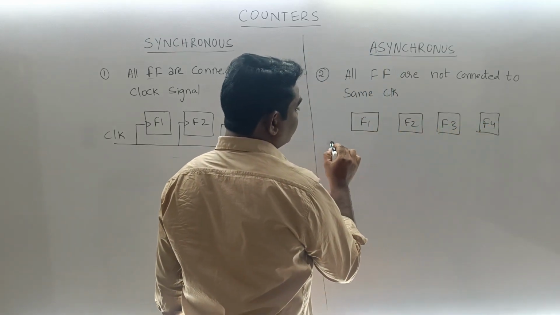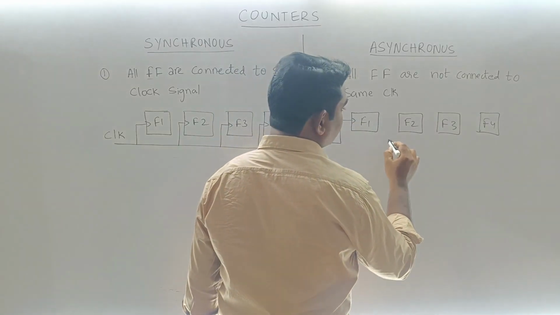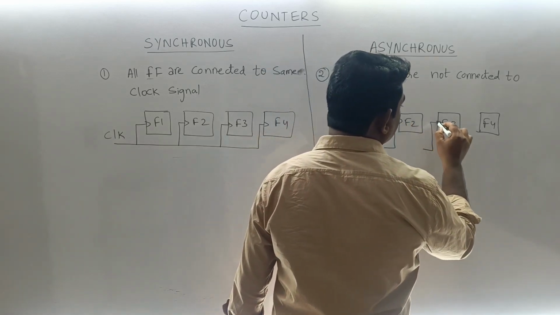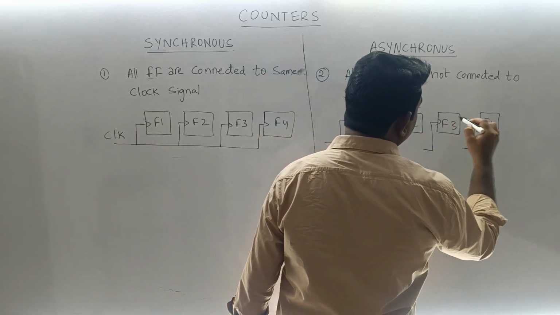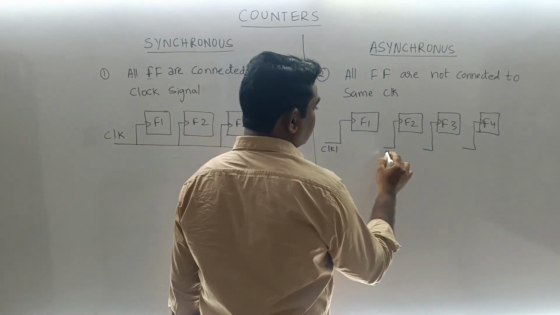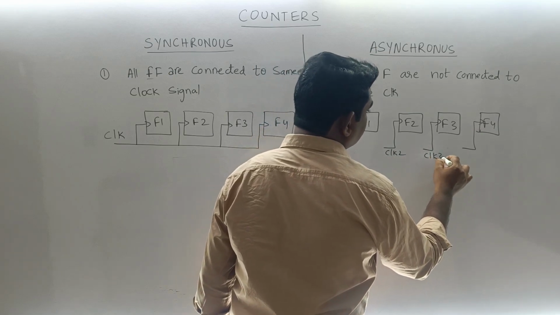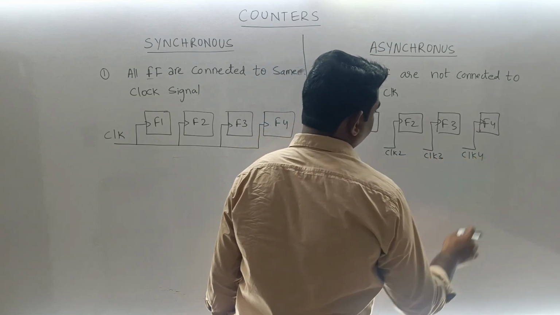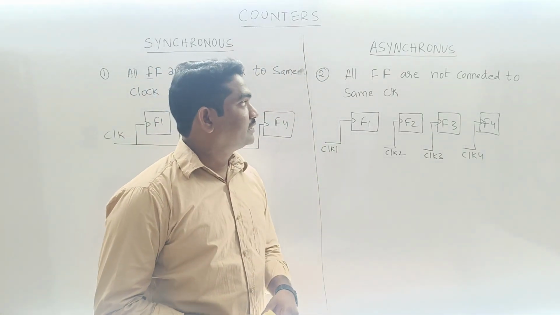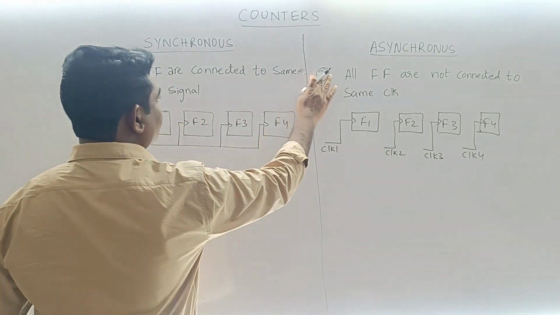Here we will connect one clock to one flip-flop, and we will connect another clock to the next, and another clock, and another clock. Here clock signal 1, clock 2, clock 3, and clock 4. Sir, this is the structure of asynchronous flip-flops. This is the first point, of course.